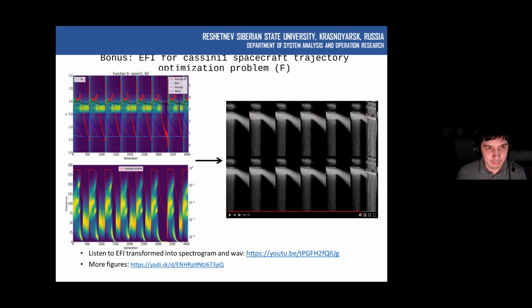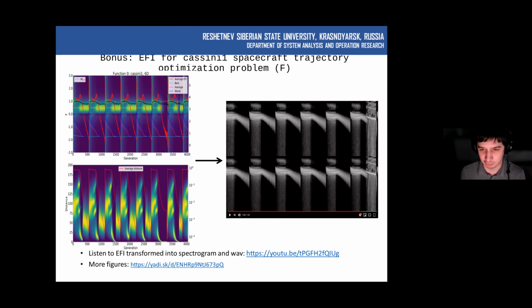So as a bonus at the end of the talk, I would like to show you this slide. Actually, these expected fitness improvements, when I looked at them, I figured out that they look very much like a spectrogram. So what you can do with expected fitness improvement is transform it into a spectrogram and then transform the spectrogram into sound.